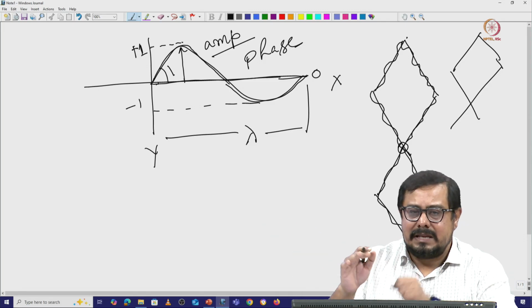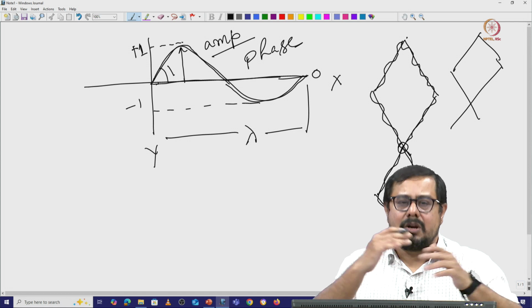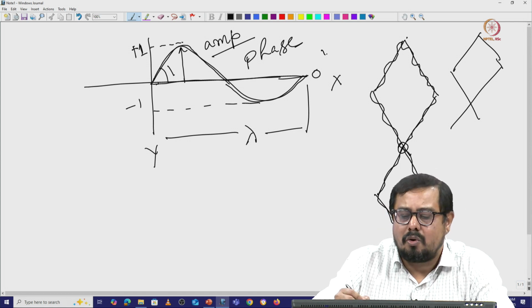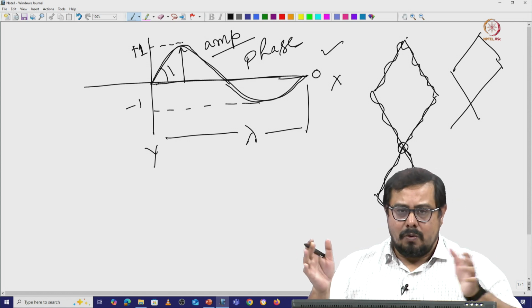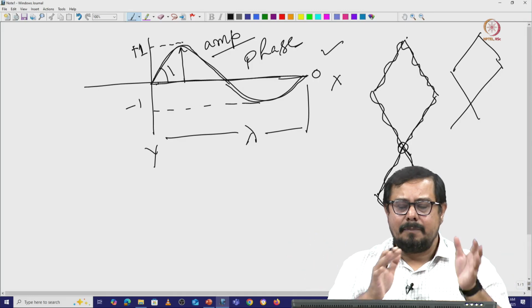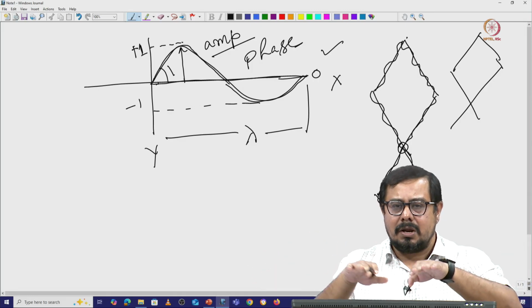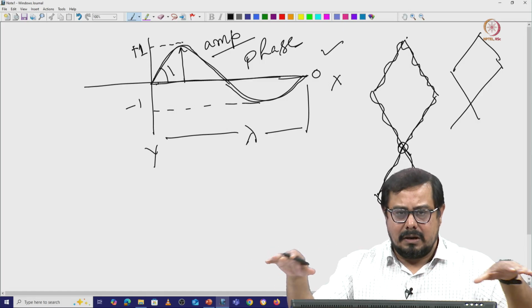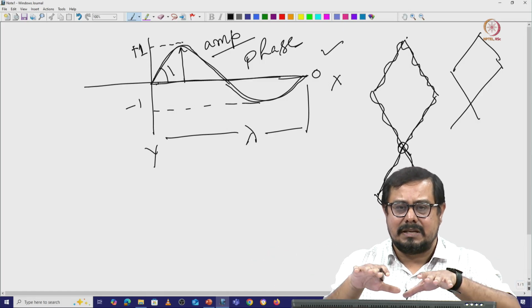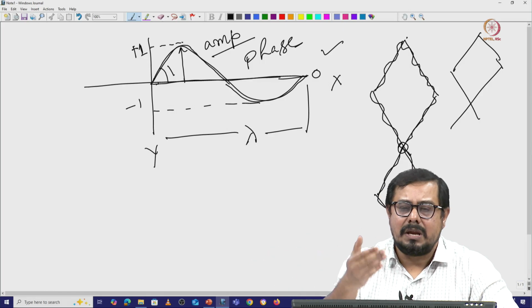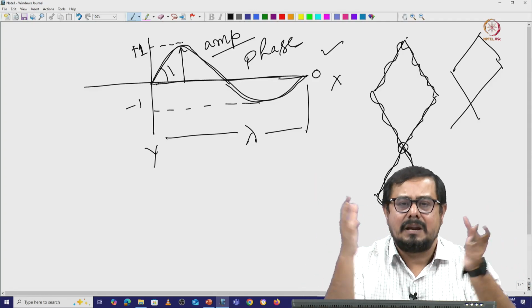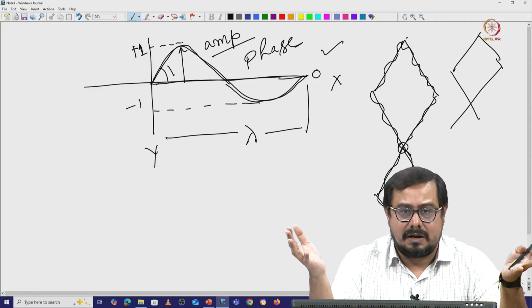So, here we are only talking about one particular wave. When multiple waves are coming together, we have to consider how they are interacting with each other. Based on that, we talk about constructive interference or destructive interference.